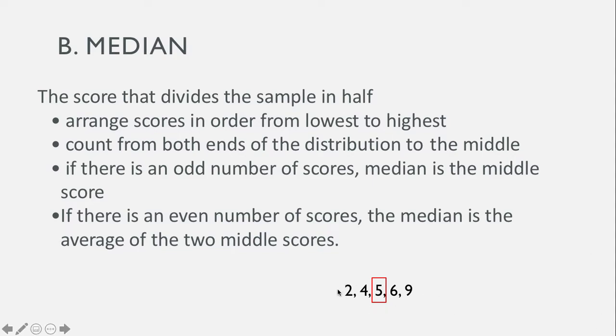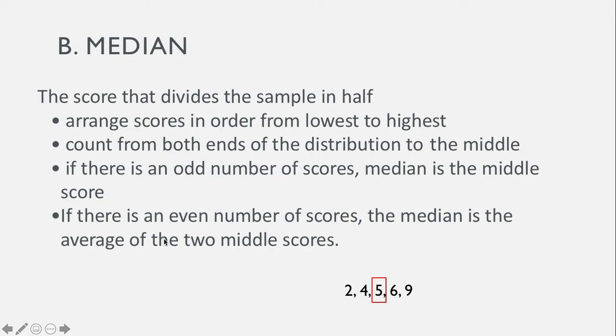So if we look at this example, we count from both ends until we get to the middle. So we get rid of both sides, and that leaves us with 5 as being the center. But let's say that there was a 10 right here. Then it's an even number of scores.